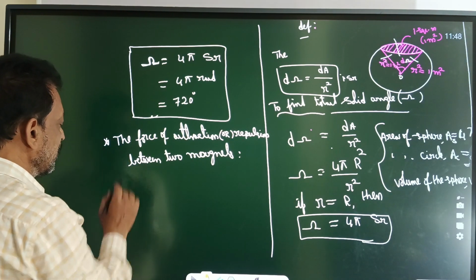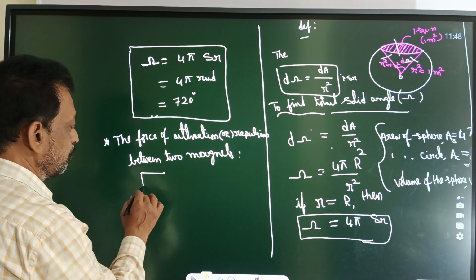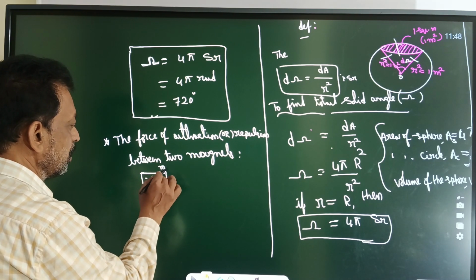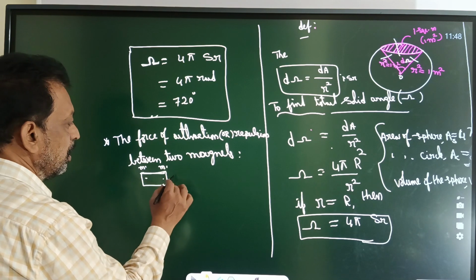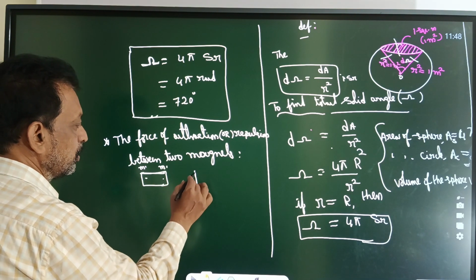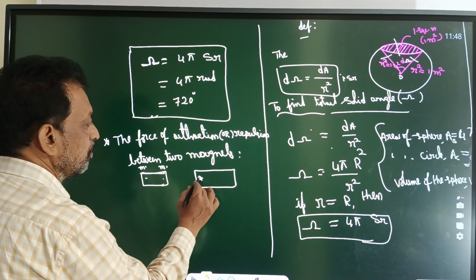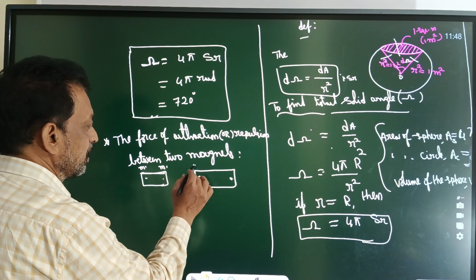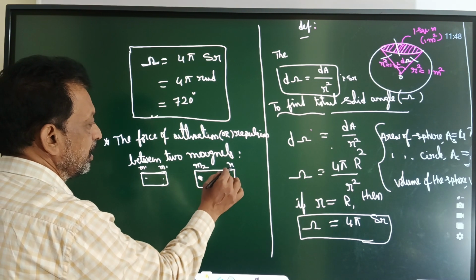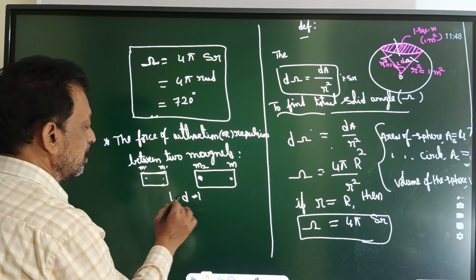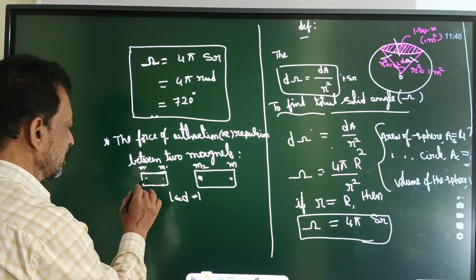So what is the formula? This is a magnet of pole strength M1, and another magnet of pole strength M2, with a North pole or South pole. You can take this as M2. The distance between them, let us say D or R. Now what formula are you going to write?